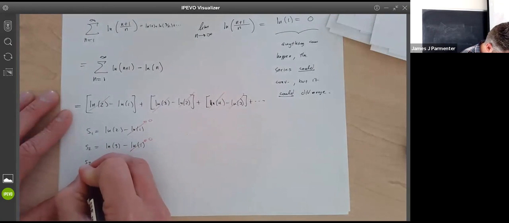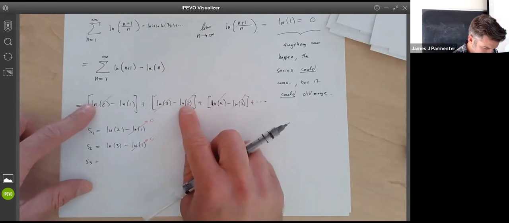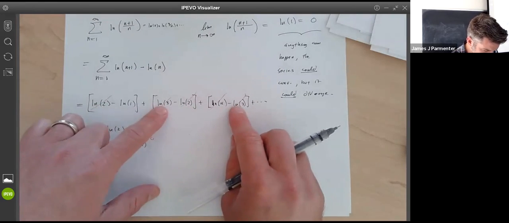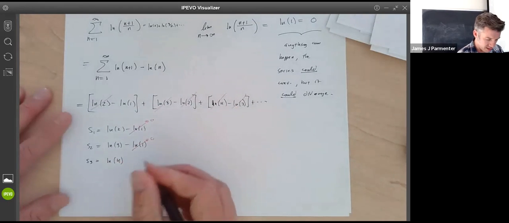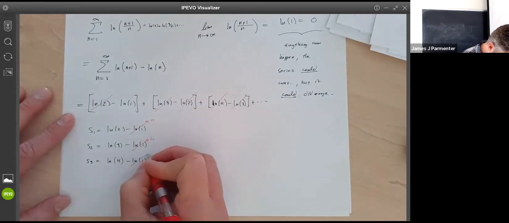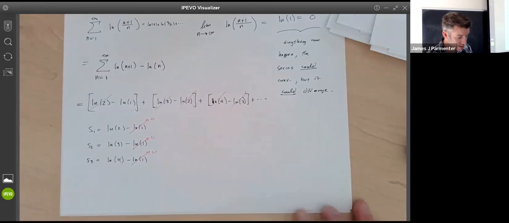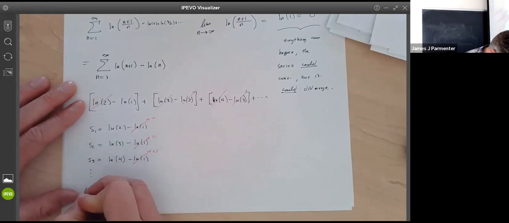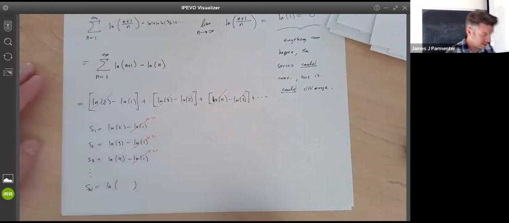The third partial sum is going to be this plus this plus this. The natural log of 2 is canceled. The natural log of 3 is canceled. I'm left with the natural log of 4 minus the natural log of 1. So if I had to venture a guess, I would guess that the nth partial sum is the natural log of what?